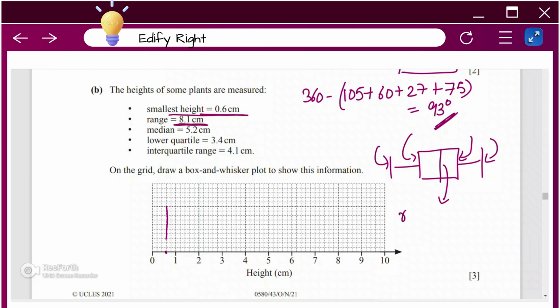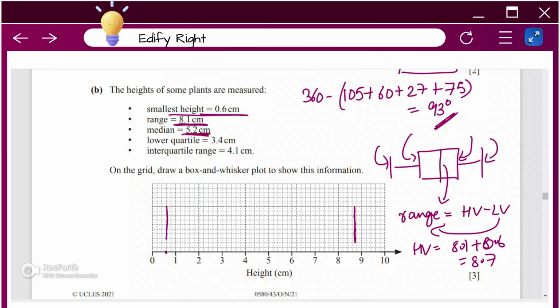Basically, range is higher value minus lower value. So you're given the range, you're not given the higher value. So all you have to do is take this to the other side. Higher value is basically range plus lower value. So that is 8.1 plus 0.6. So that would be 8.7. So this is my higher value.